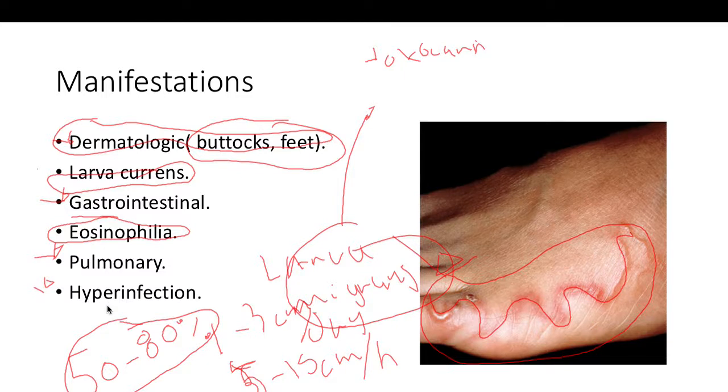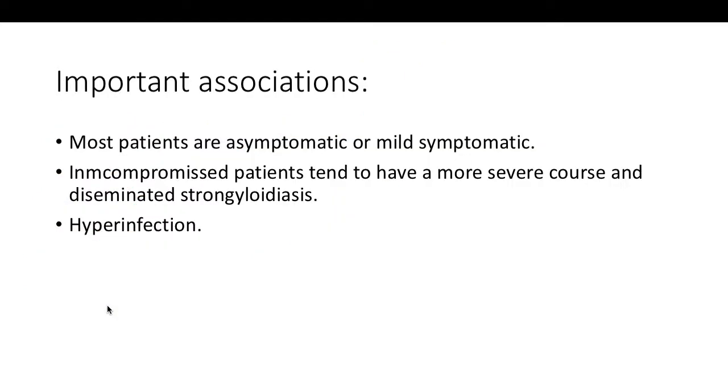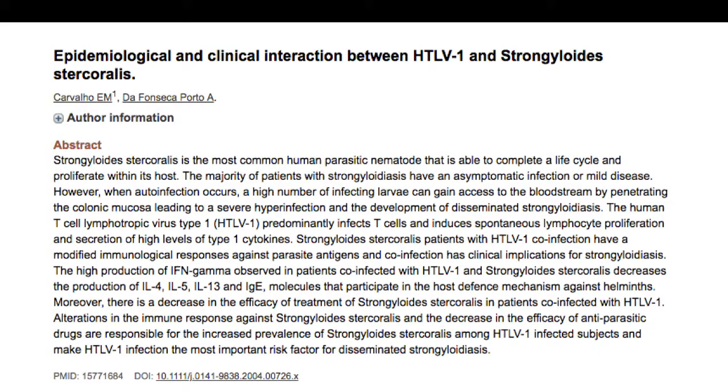And there are important associations of the disease. As we said, hyperinfection is more commonly seen in patients that are immunosuppressed, but the most important association is with patients co-infected with human T-lymphotropic virus. Okay, these patients tend to develop a more severe course of the disease, and this is mainly because these patients have decreased interleukin counts, and they also have decreased immunoglobulin E, which we know is important to fight parasitic infections.